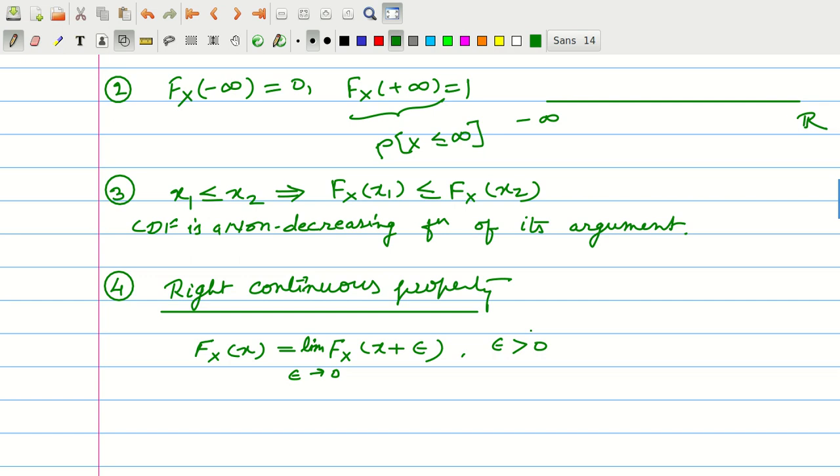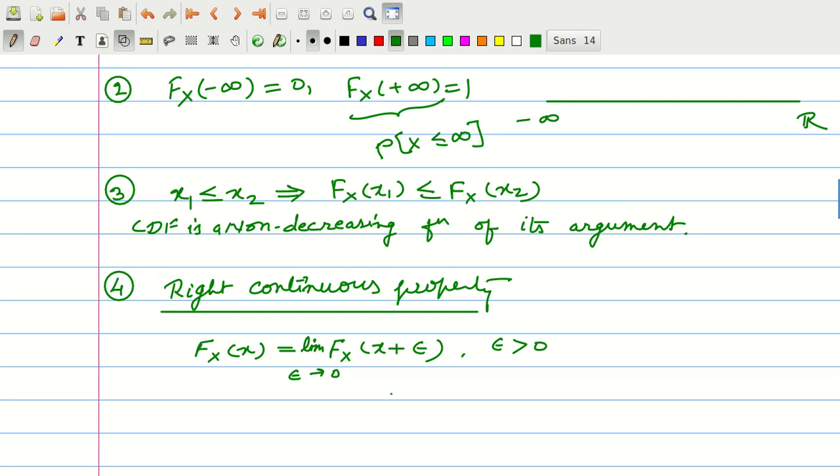So the CDF is continuous from right. This property is particularly useful when we deal with discrete random variables, in which case, as we will see shortly, the CDF is a staircase function. In case of continuous random variable, the left hand limit and the right hand limit are same, because the function is continuous, so we don't as such require this property.